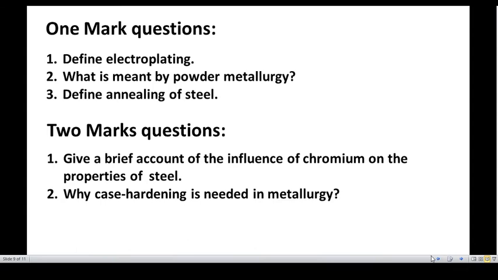It is actually the deposition of any particular metal on the surface of cathode by the passage of electric current.